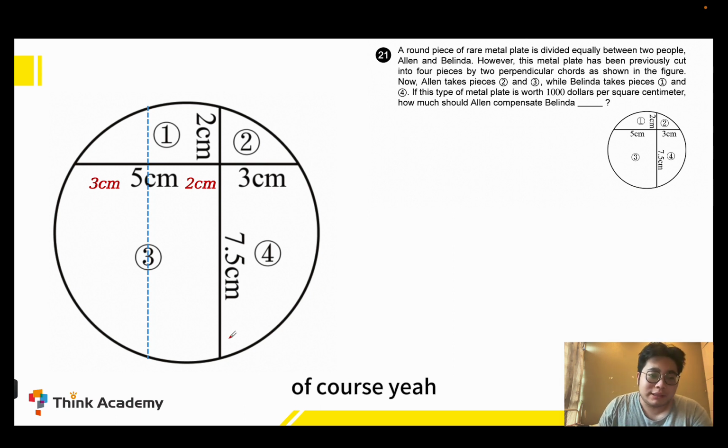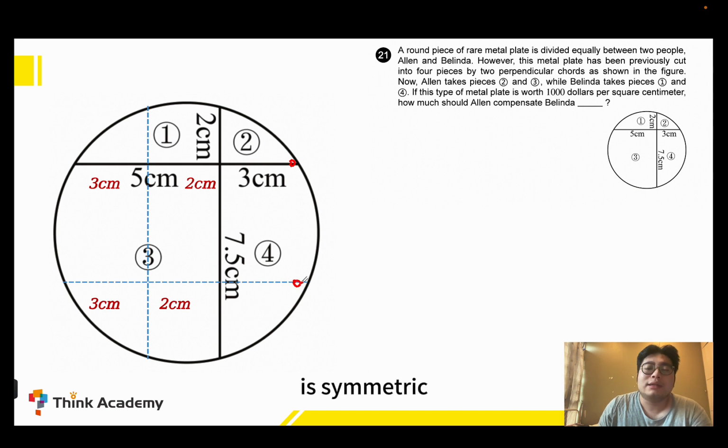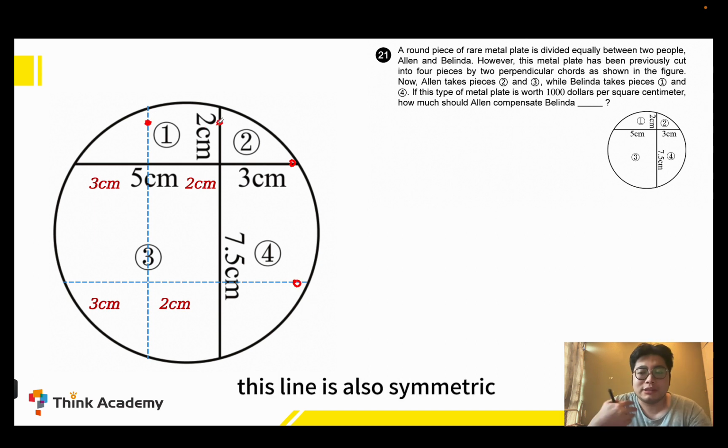Also, I can draw another line here, so this one is still 2 centimeter, and this one is 3 centimeter. And remember, this line and this line are symmetric, and also this line and this line are symmetric.